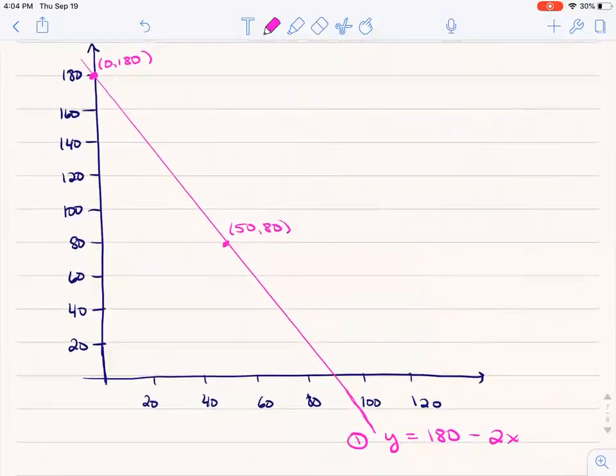Trying to keep these all on here. Way nicer when we just had x has to be less than 4. Y has to be less than 4. This is more work, but it's the same idea. Okay. So we said, okay, well, we had y is actually less than or equal to 180 minus 2x, right?